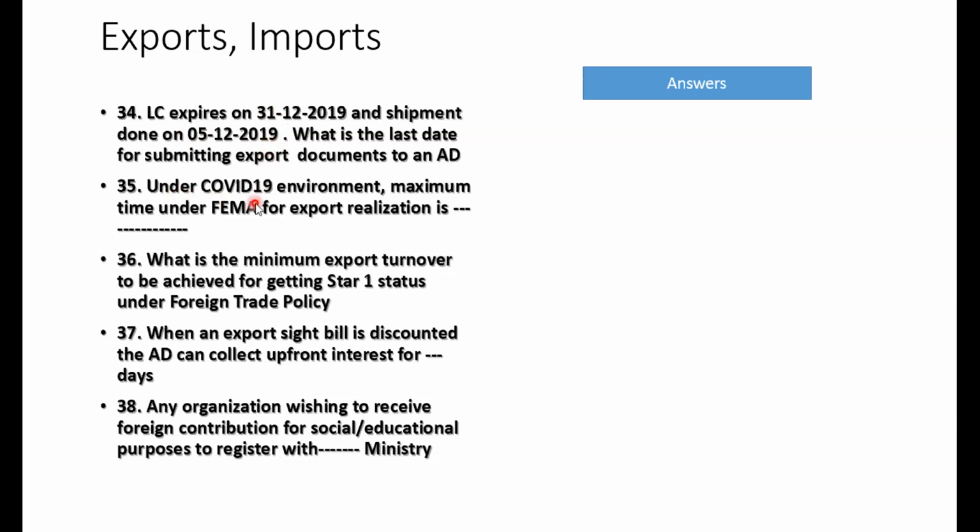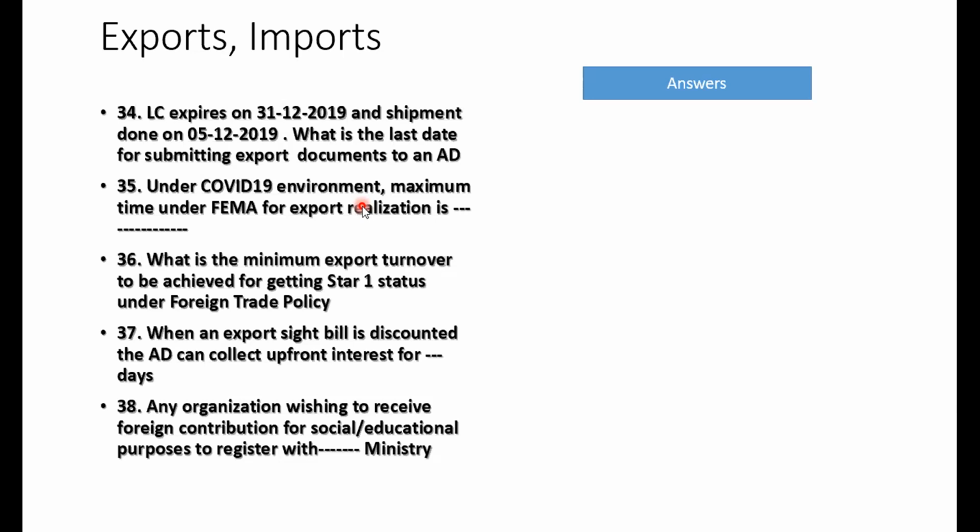Now, under the COVID environment, for some time, the normal period of realization is 9 months. Remember, the maximum credit you can give to foreign buyers from India is 9 months. During Corona, 6 more months were given. I think the concession is available for some shipments up to 31/3/2022 also.